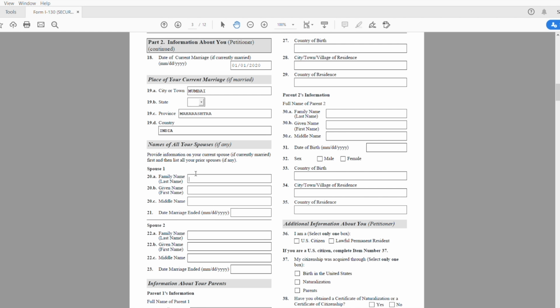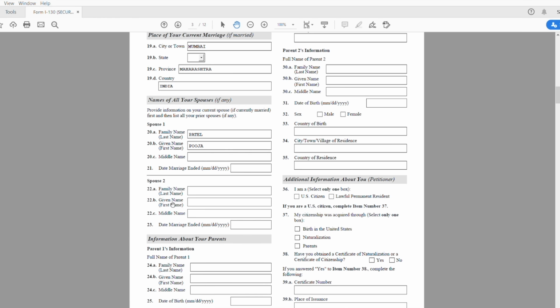So we'll go ahead and enter her last name, her first name, and again, she has no middle name, but if your spouse does, you would enter it here. Since Pooja and Ravi are currently married, number 21, date that the marriage ended, would not apply, since this is a current marriage. If your petitioner had a previous spouse, you would enter that information here and indicate the date that the marriage ended.